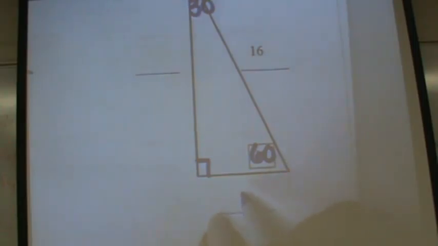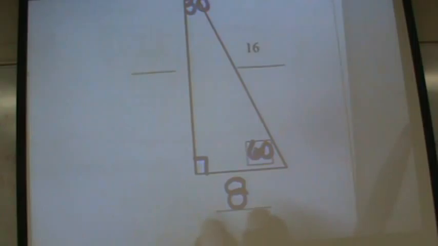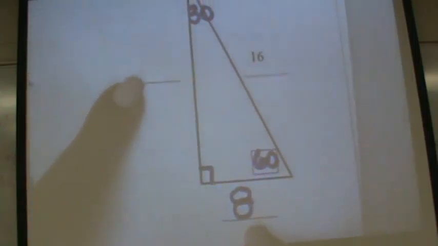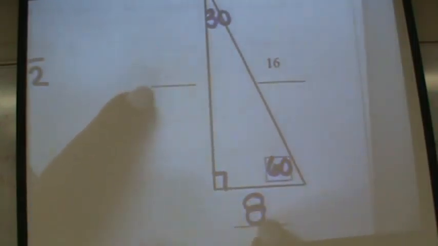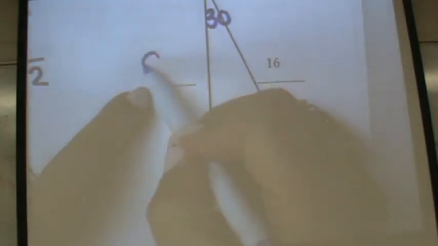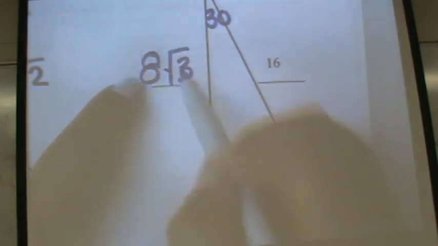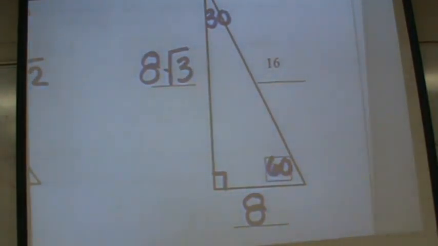So what's this side going to be? 8. And what's the relationship between the smaller leg and the bigger leg? These are your legs. Isn't it just 8 root 3? Yes, it's 8 root 3. Good job. This is stuff you learned in geometry. So why is it 8 root 3?